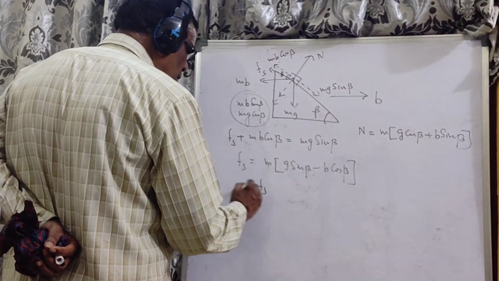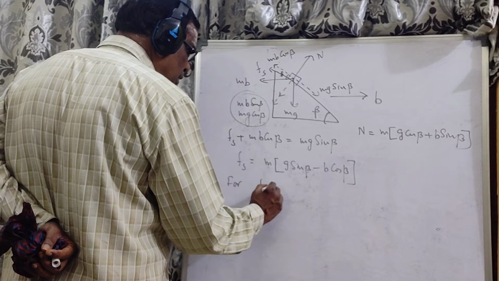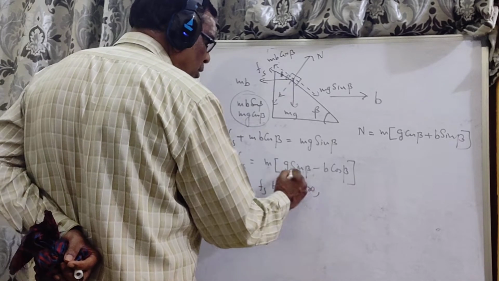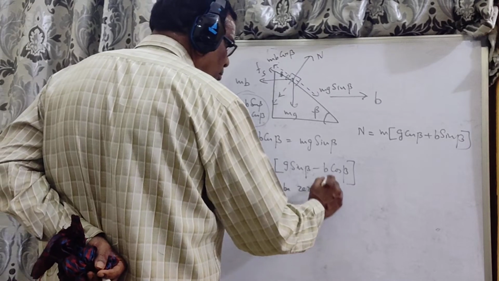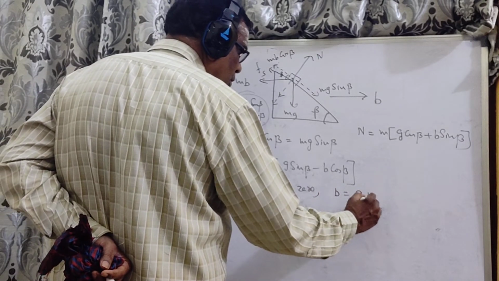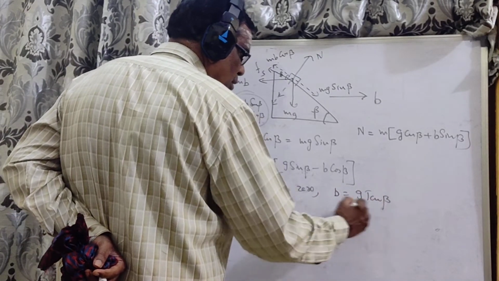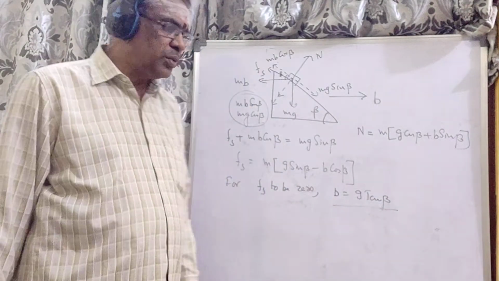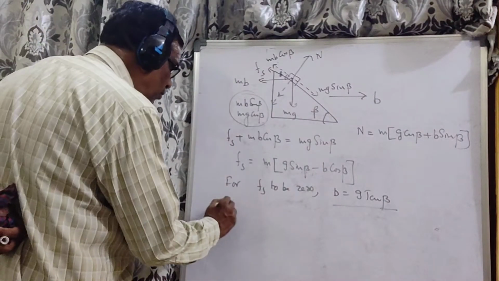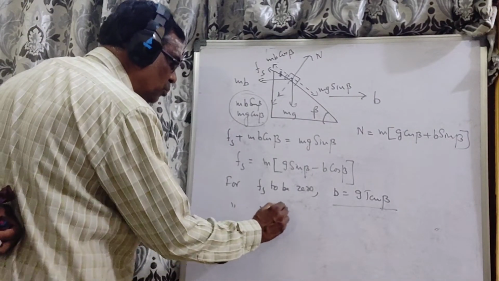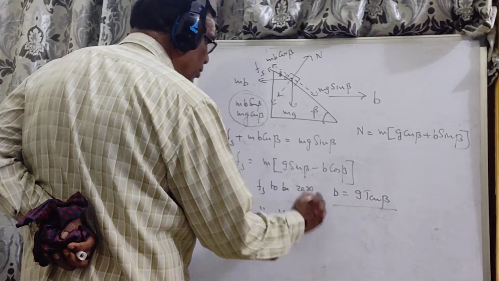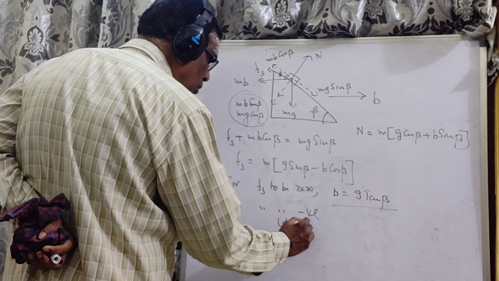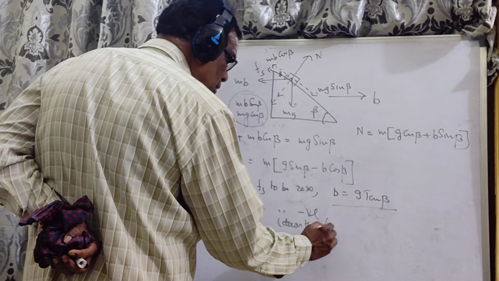So, for Fs to be 0, these two must be same, or b should be equal to g tan beta, a case we already discussed in the case of normal force. And then for Fs to be negative. Negative means down the incline.